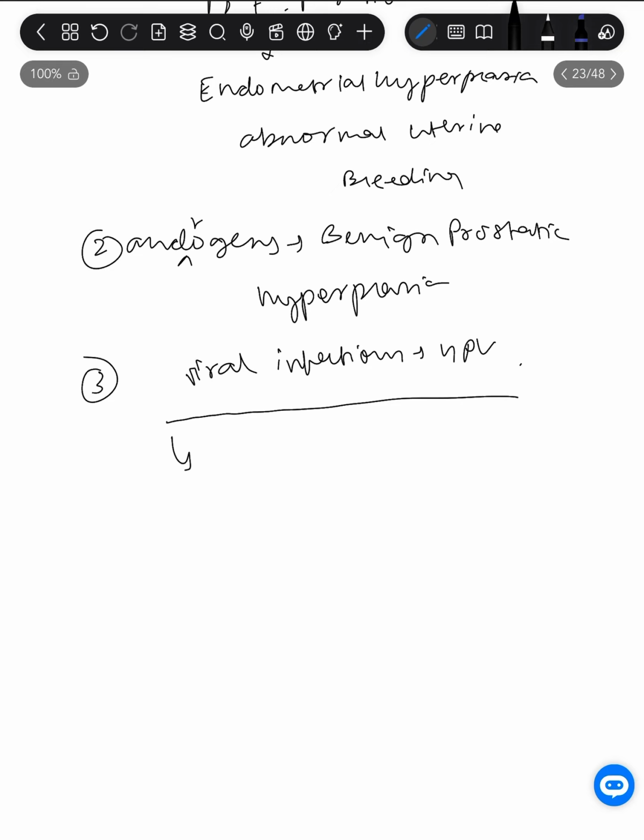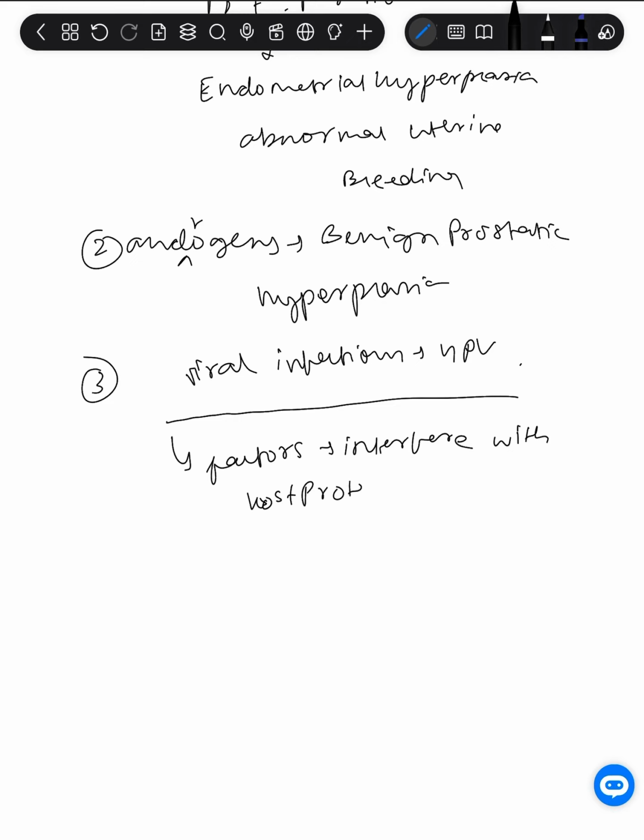What HPV does is a little different. HPV releases factors, okay? These factors interfere with the host proteins which regulate cell proliferation.